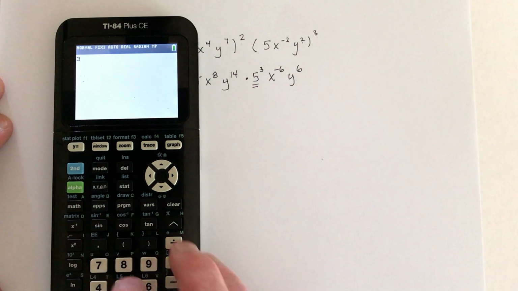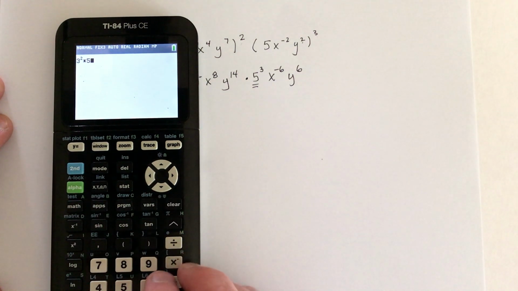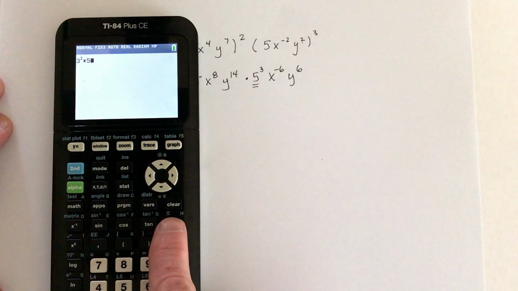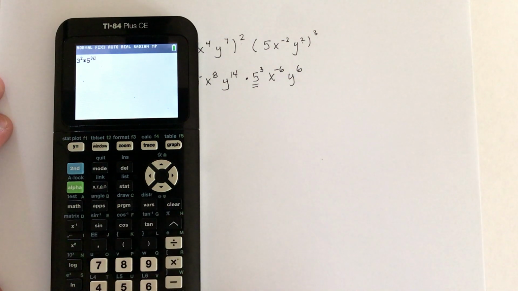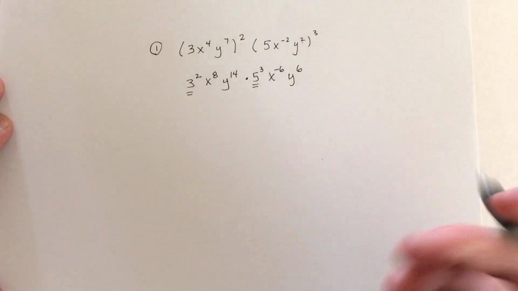So we've got a 3 squared times a 5. And now if you need an exponent bigger than squared, you should use this up arrow right here. So raise it to the 3rd. So that's basically saying what is 9 times 125? And it equals 1125.